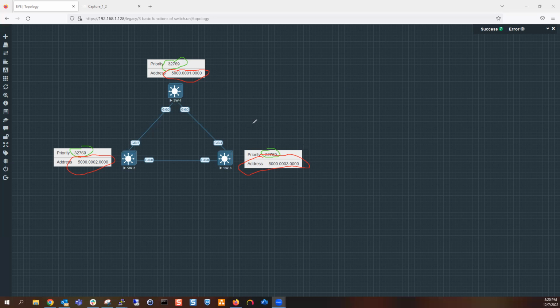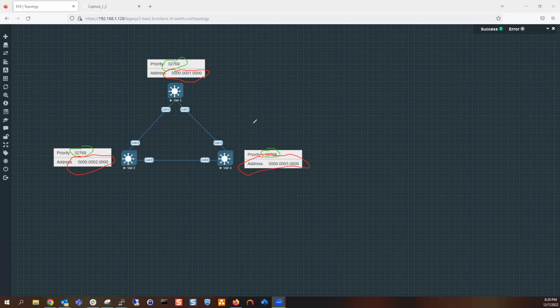Whenever you're doing an election for any protocol at layer 2, it's going to go with the lowest number. If you're going for an election process at layer 3, it's going to go for the highest number. That's most of the time the case. There's certain things where that doesn't always apply, but most of the time, layer 2 is the lowest, layer 3 is the highest.